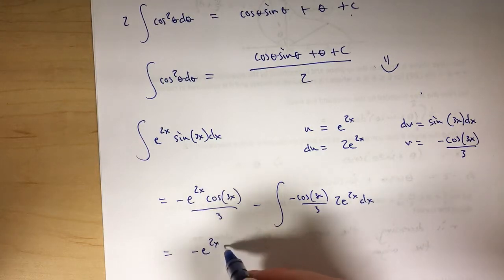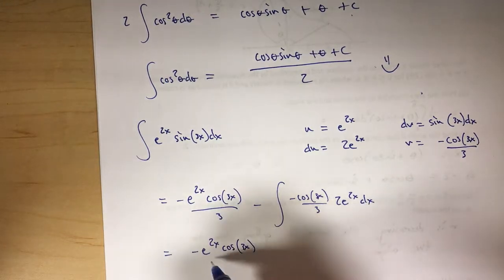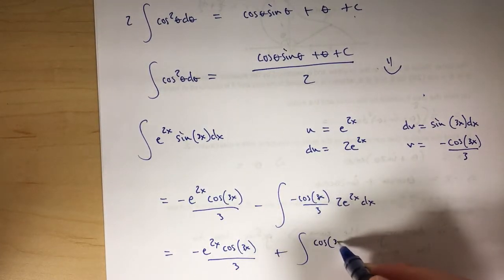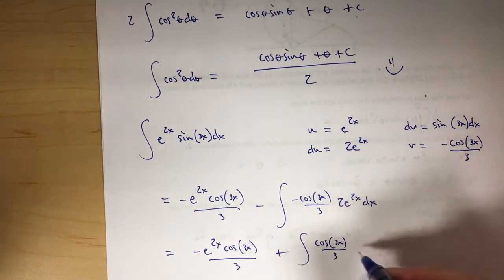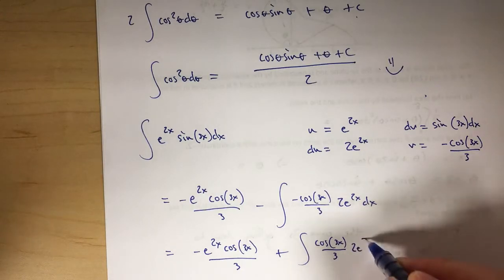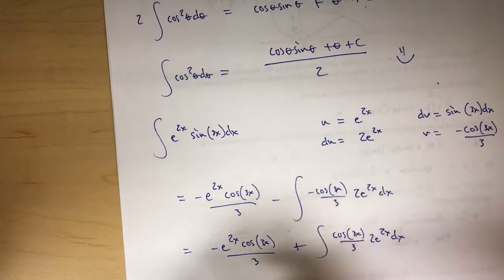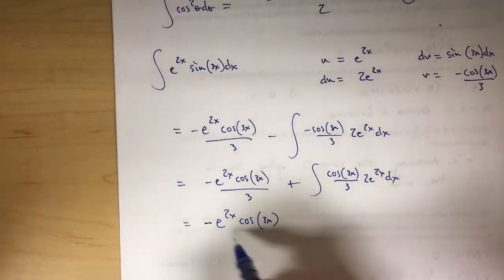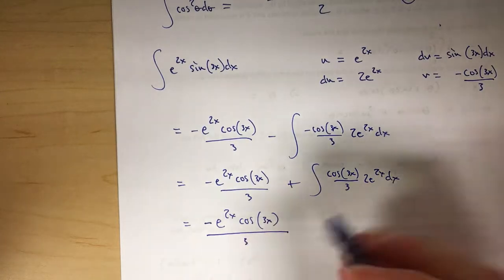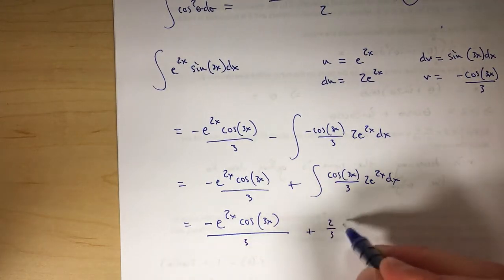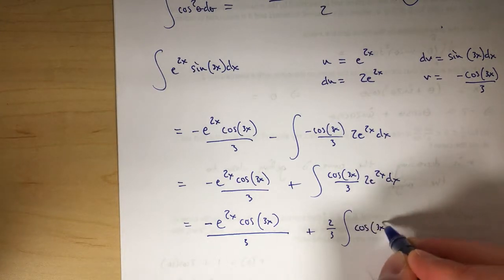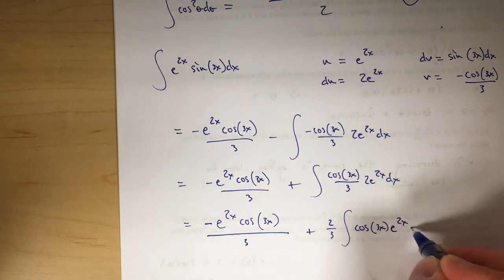Negative e to the 2x cosine of 3x over 3 plus the antiderivative of cosine of 3x over 3 times 2e to the 2x dx. I'm going to pull out a 2/3, so this is negative e to the 2x cosine of 3x divided by 3 plus 2/3 times the antiderivative of cosine of 3x e to the 2x dx.